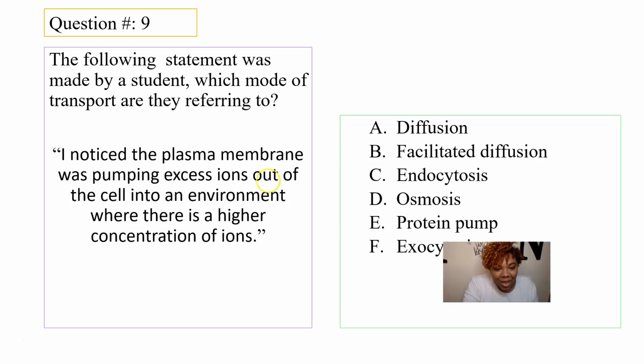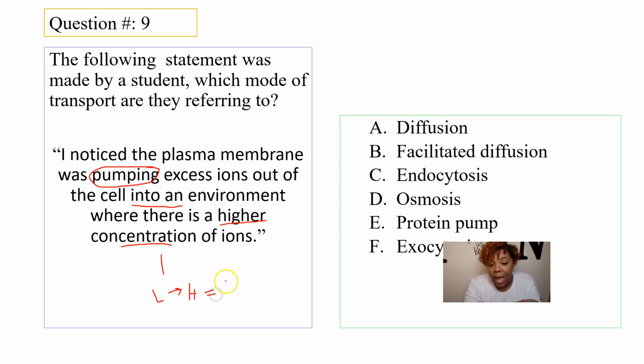All right. So as soon as I find the little mouse pin, there we go. It says it is pumping excess ions into a higher concentration. So if it's going to a higher concentration, that means it's coming from a lower concentration.